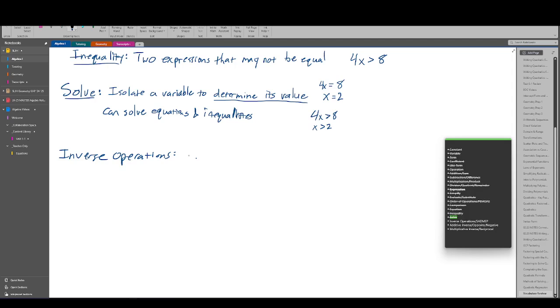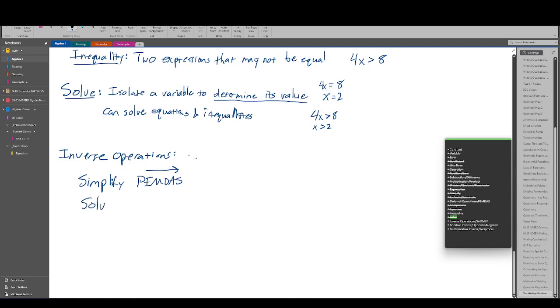So when we're simplifying or evaluating expressions, we follow PEMDAS in a forward direction. However, if we're solving, so if we're trying to figure out what a variable is, then everything is backwards. So instead of following PEMDAS, we reverse it, and it would be SADMEP. So we follow this order whenever we're solving and use inverse operations.